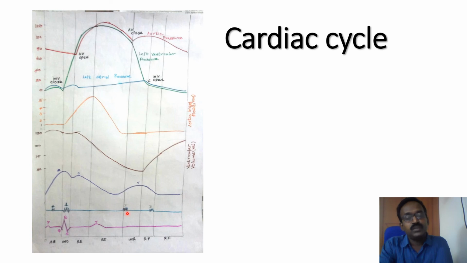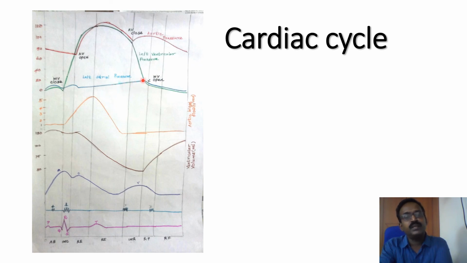The closure of the AV valves produces, at the end, the second heart sound. Ventricular diastole is divided into the isovolumetric relaxation phase, rapid filling and reduced filling. During the isovolumetric relaxation phase, when the valves close, left ventricular pressure decreases, and atrial pressure also decreases, but the atrial pressure is more than the ventricular pressure here.